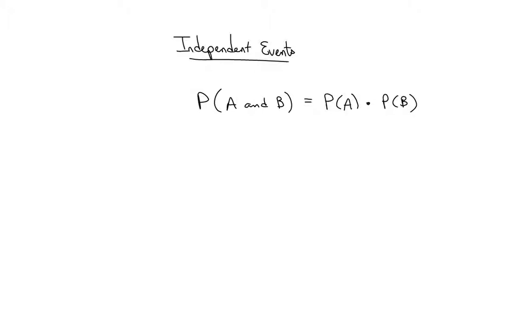Now another common example is this, and this is one I want to point out to you because you have to read the questions carefully. If you don't, you're going to blow these. We're going to draw 2 cards from a deck.